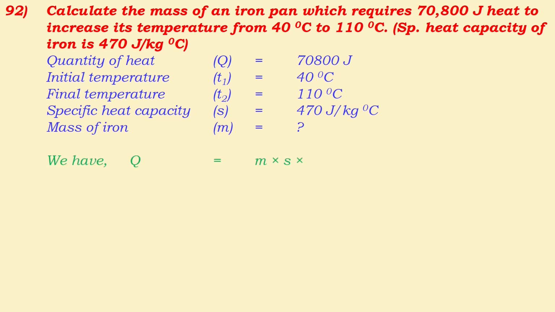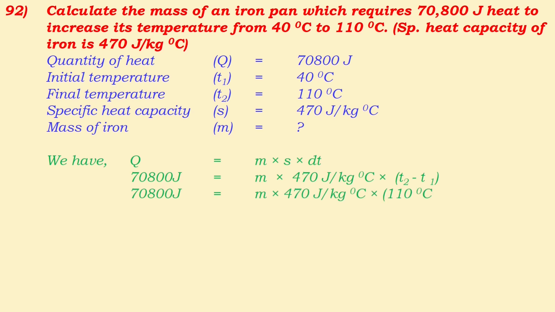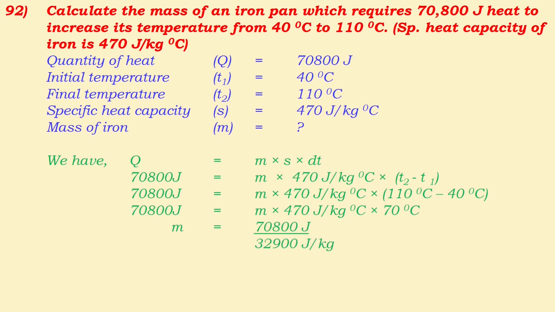Now we have Q equal to m into S into dt, and 70,800 joule equal to m into 470 joule per kg degree Celsius into the difference of temperature, T2 minus T1, and we are going to find out the mass. Now besides mass everything is given, so we are writing the values again: 110 degree Celsius minus 40 degree Celsius, and degree Celsius cancel, and then mass will be 70,800 divided by 32,900, and our answer will be 2.15 kilogram.